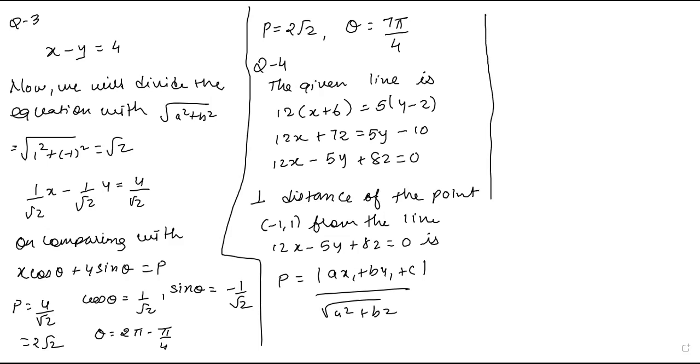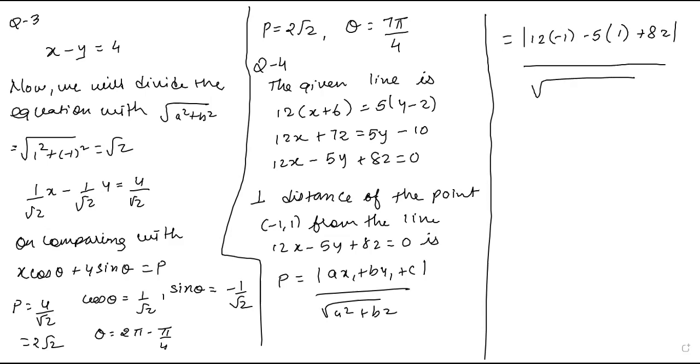This was the formula of perpendicular distance, right? So here 12 into, in place of x we will keep the x coordinate of the point, minus 5 into, in place of y I will keep the y coordinate, and the constant as it is, upon square root of x coordinate square plus y coordinate square.